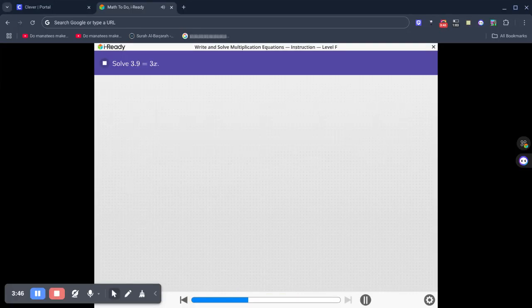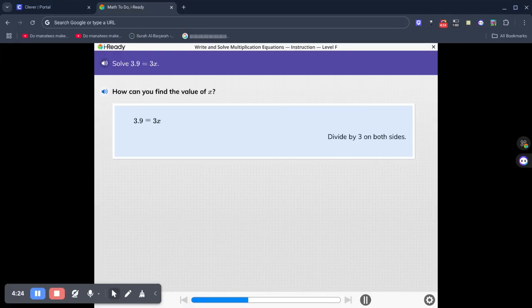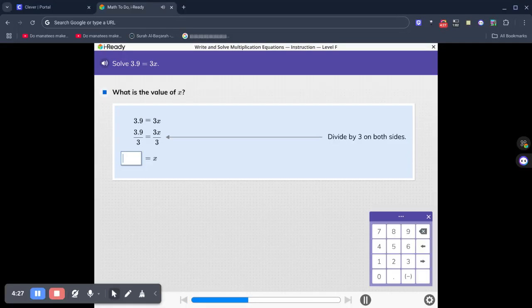Solve 3 and 9/10 equals 3x. How can you find the value of x? What is the value of x?